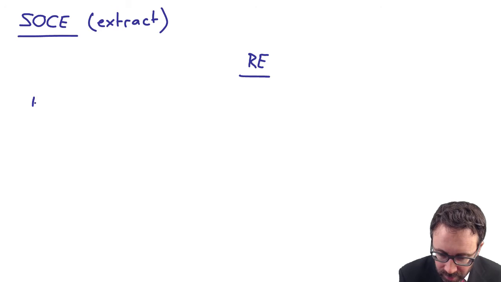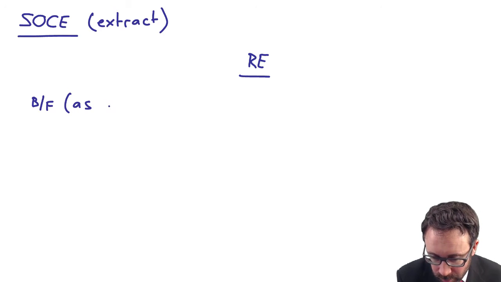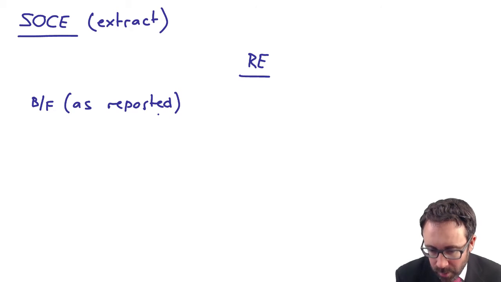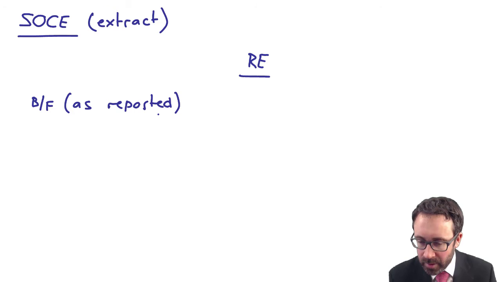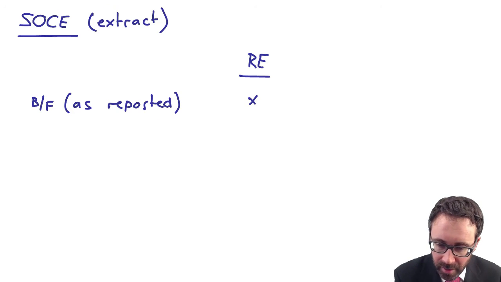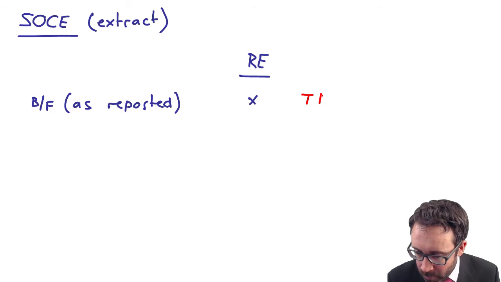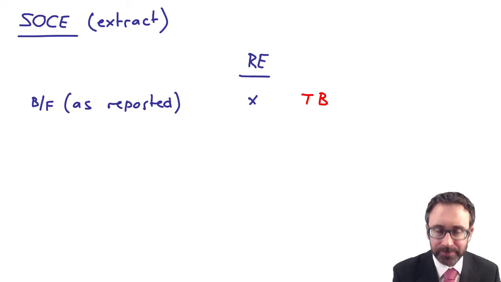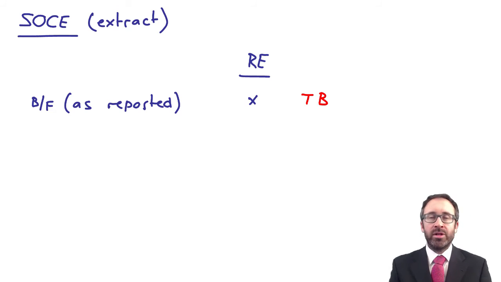And what you're going to have is your brought forward figure that was previously reported. That figure you get from the question, and that will be in the TB, isn't it? Okay, that would be the trial balance retained earnings figure.